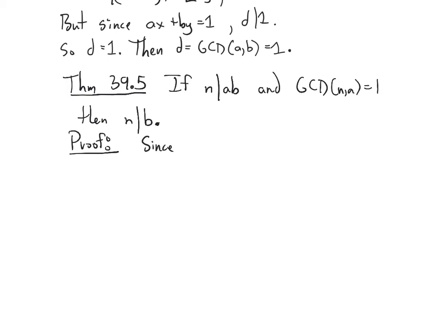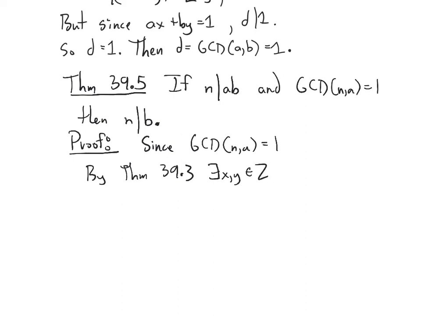So since the GCD of n and a is 1, well, by theorem 39.3, we have there's an x and a y that are integers such that ax plus, let's say, ny, because it's the GCD of n and a, equals 1.